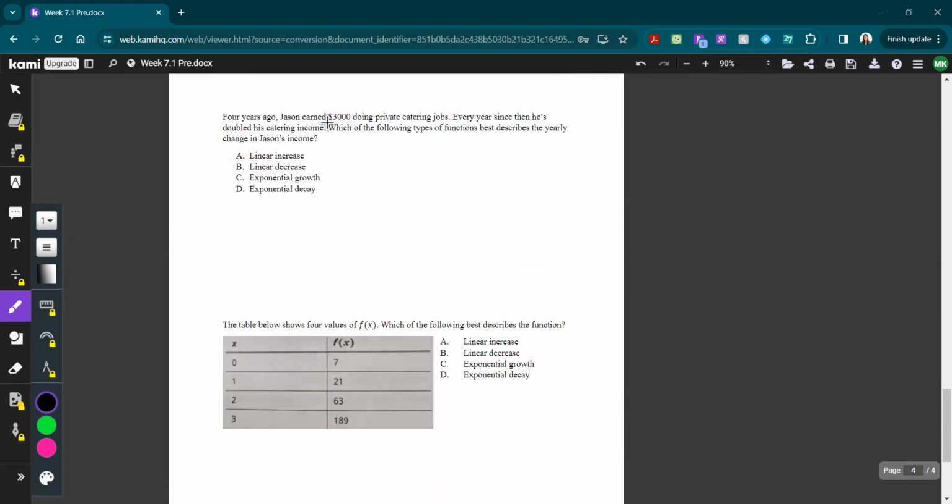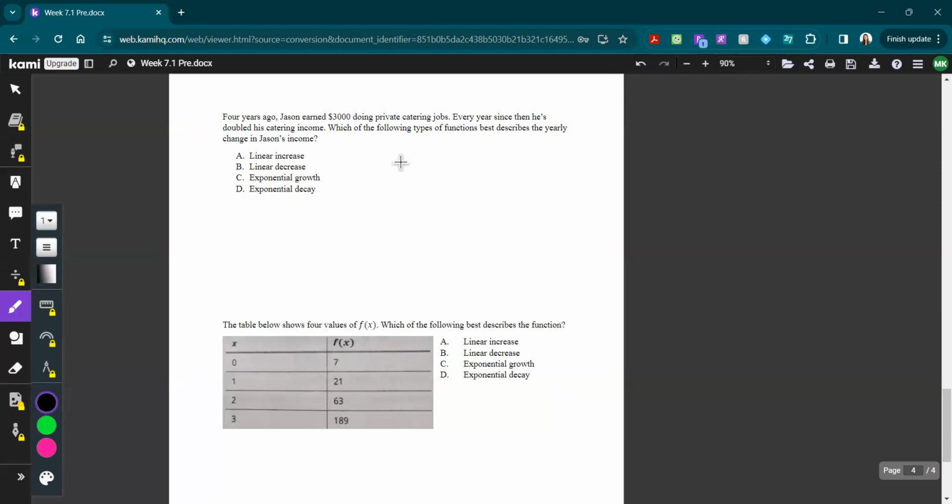4 years ago, Jason earned $3,000 doing private catering jobs. Every year since then, he's doubled his catering income. Which of the following types of functions best describes the yearly change in Jason's income? You're trying to determine if it's linear increase, linear decrease, exponential growth, or exponential decay.